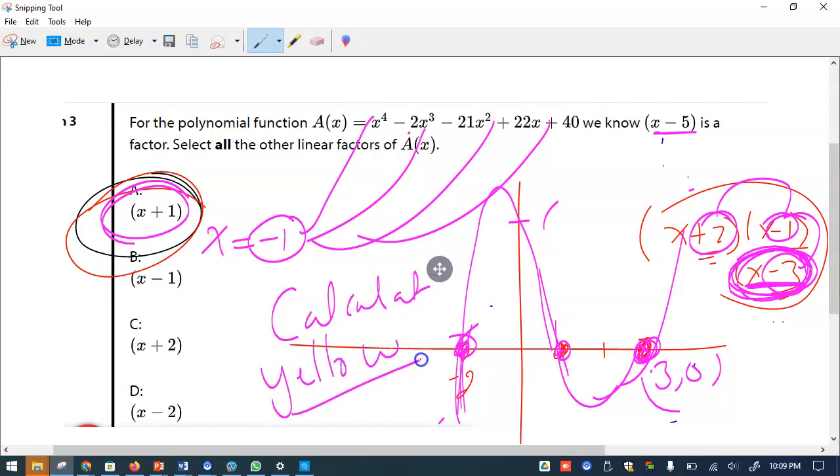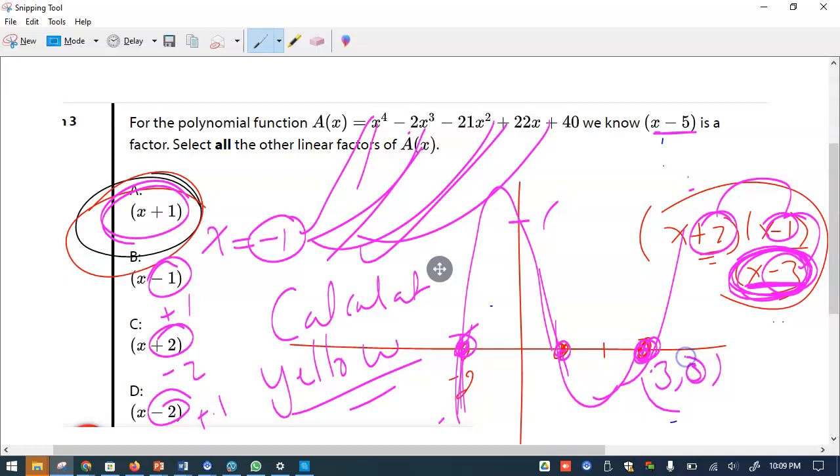You grab them and do it and see whether you get 0 each time. So next you put plus 1, this time you put minus 2, this time you put plus 2, and every time you plug in and see whether you get 0. If you get a 0, then it is a factor. So the question is, which among these is a factor? You will have to plug in the opposite of each one of these numbers in this polynomial to check.